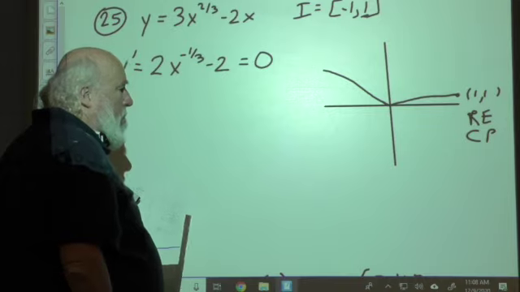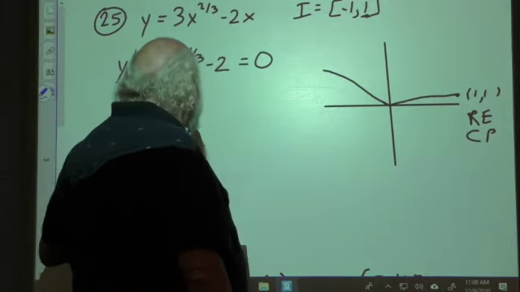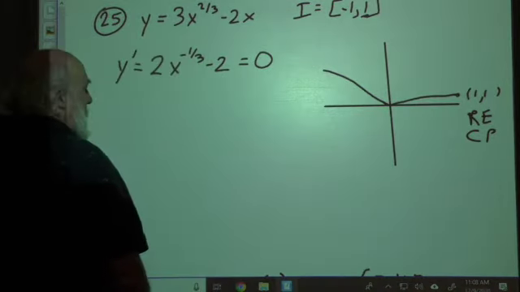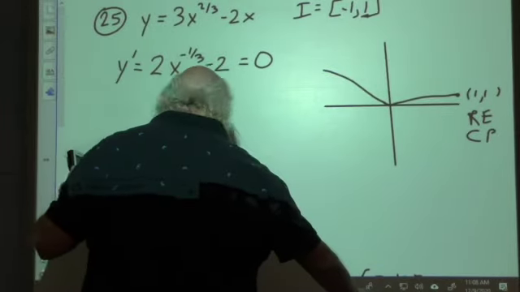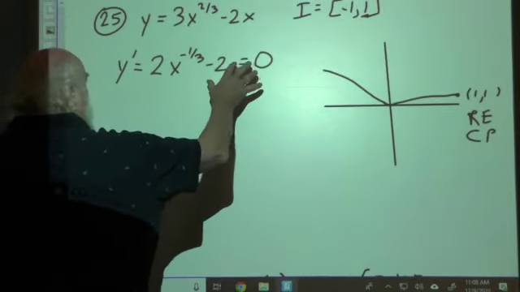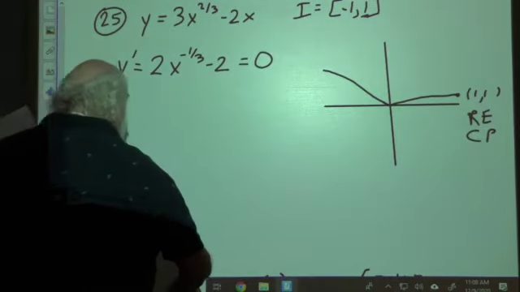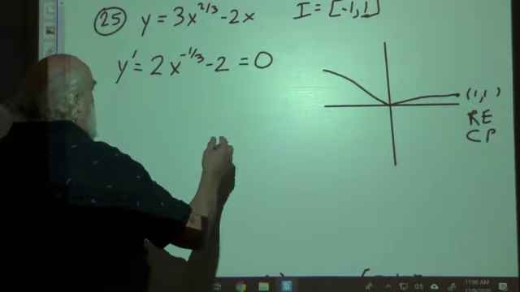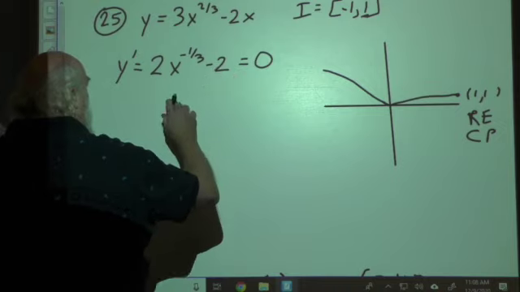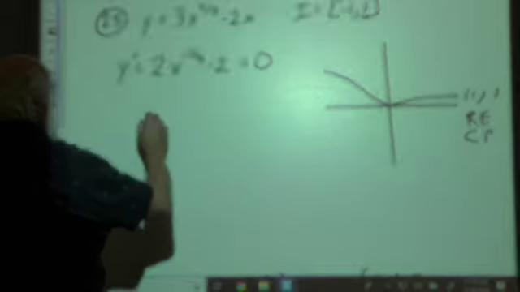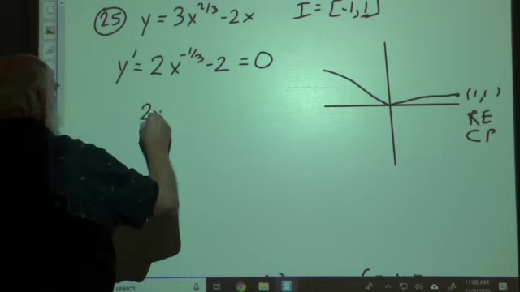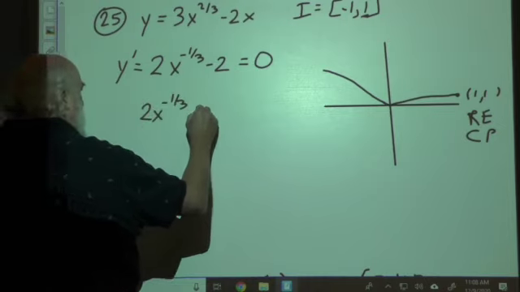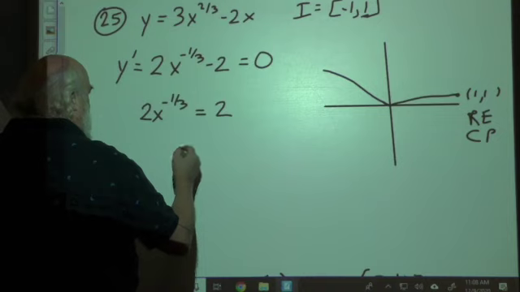So go ahead and put in your value here. You need to find your critical point, or critical number, first. So I'm going to move the -2 over here, so it's 2x to the -1/3 power equals 2. Divide both sides by 2.